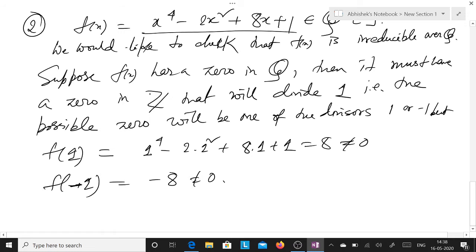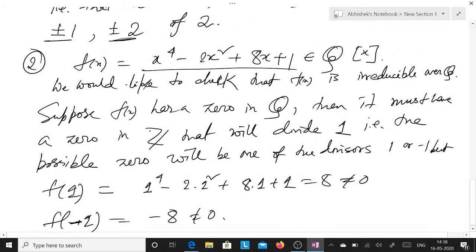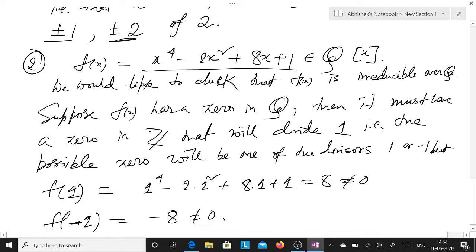So this gives you a contradiction. And this contradiction will conclude that this f(x) has no rational zero. So with the help of this corollary, you can easily check whether a polynomial over the ring of integers is irreducible over the field of rationals or not.